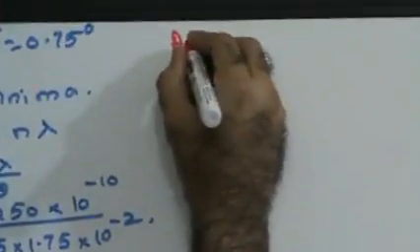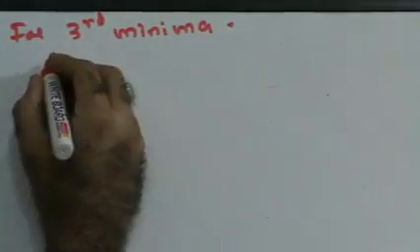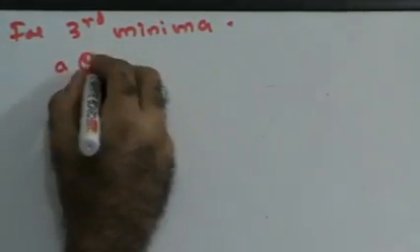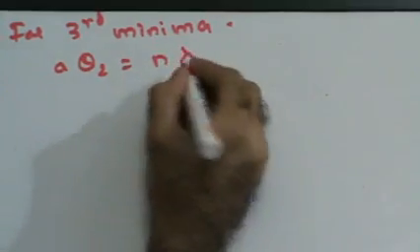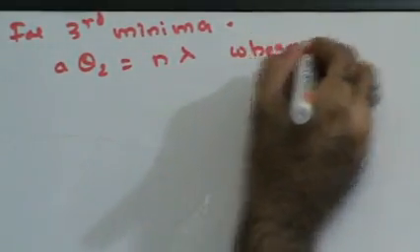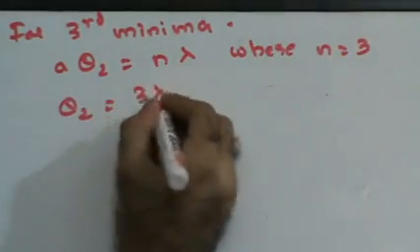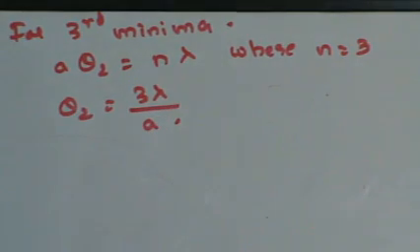I can say that for third minima, aθ2 is equal to nλ, where n is going to be equal to 3. So I'll get θ2 is 3λ upon a.